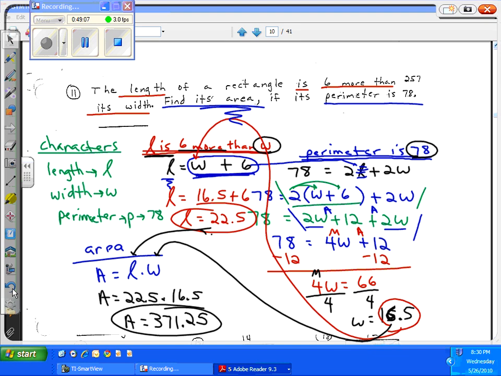The last word problem is an odd answer one, and we're going to leave that with you too. So you can study that one out of the odd answers if you need to. Don't just write down the answer, and don't just copy the solution. You need to study that solution so you know what you're doing. All right, that's the end of 10-1.